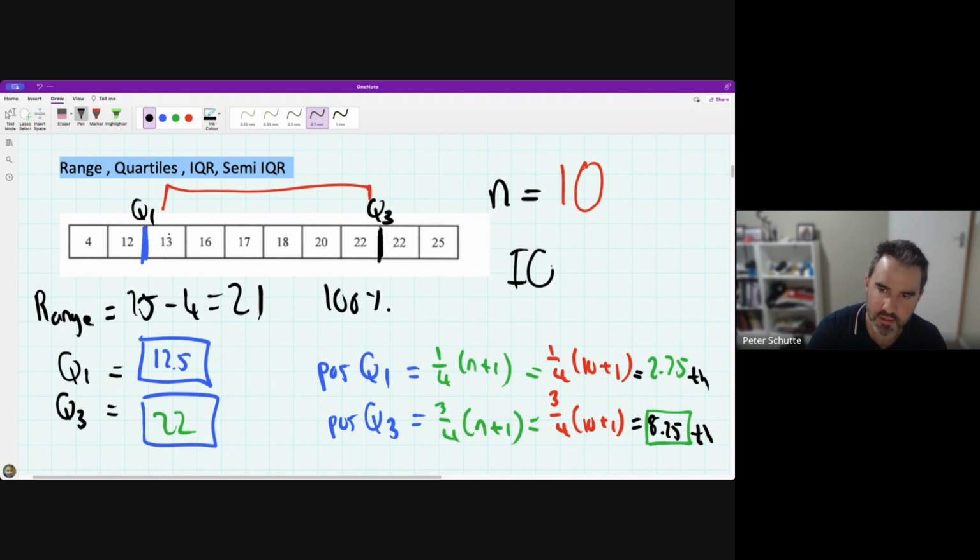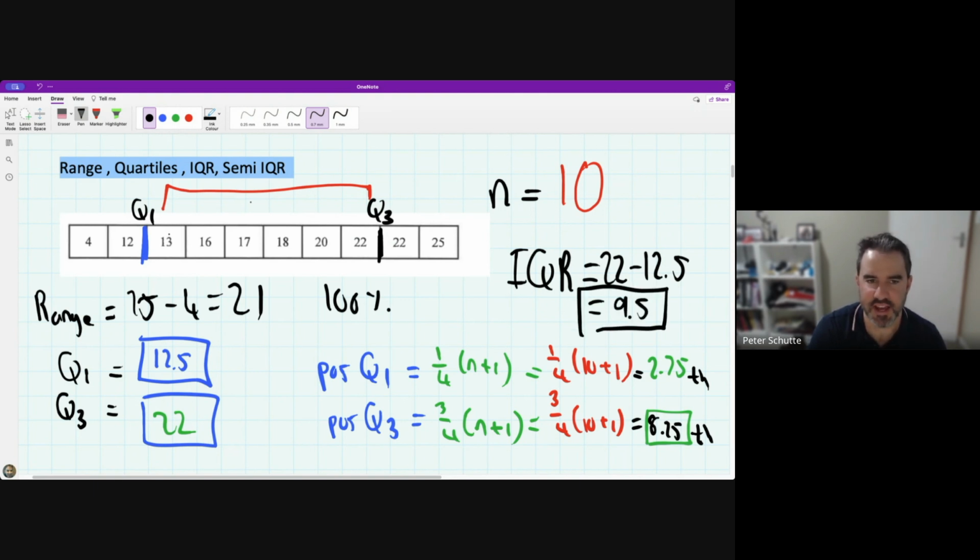Therefore, the interquartile range is going to be 22 minus 12.5, which is going to give us 9.5. So the middle 50% of the data is sitting in a range of 9.5 units.